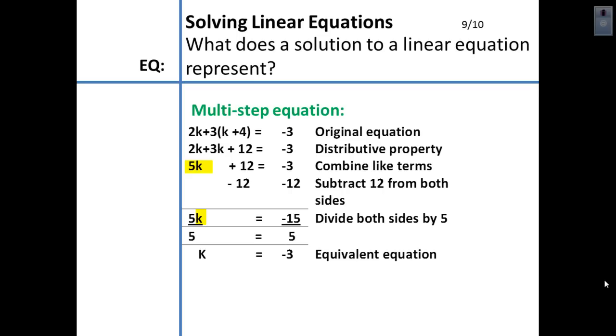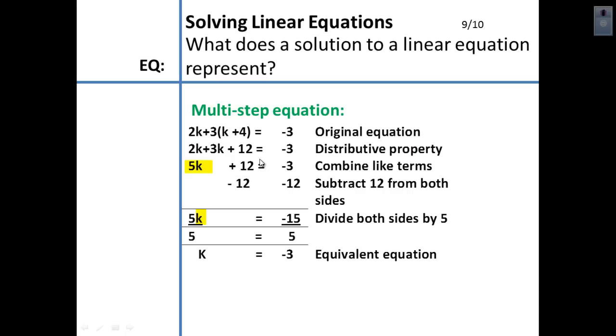So this is our equivalent equation. Equivalent equation means that what we end up with is the same as our original equation. Pretty cool. We haven't really changed the value of our equation.